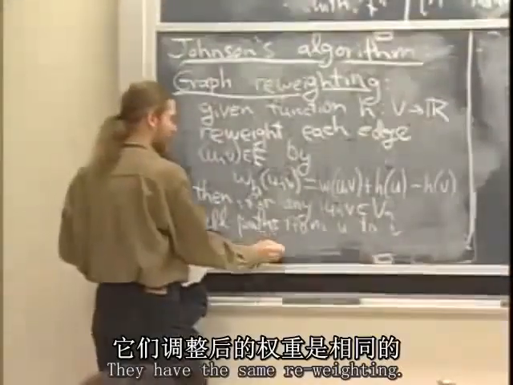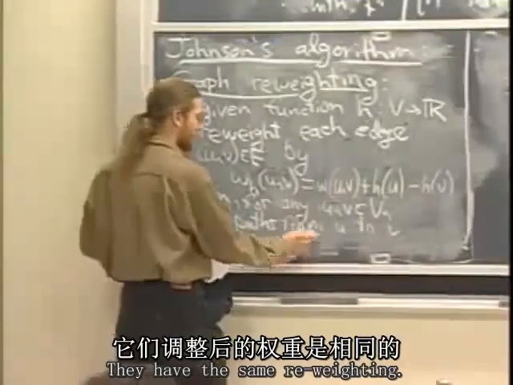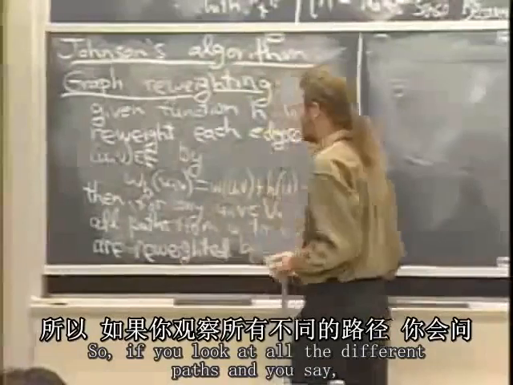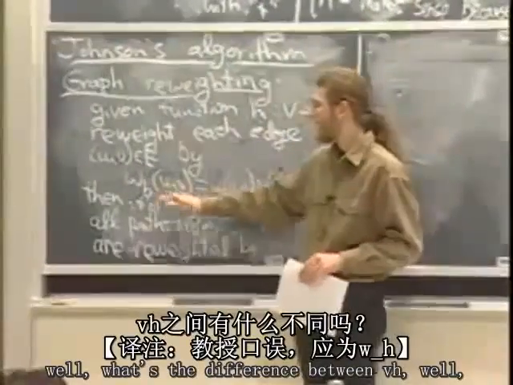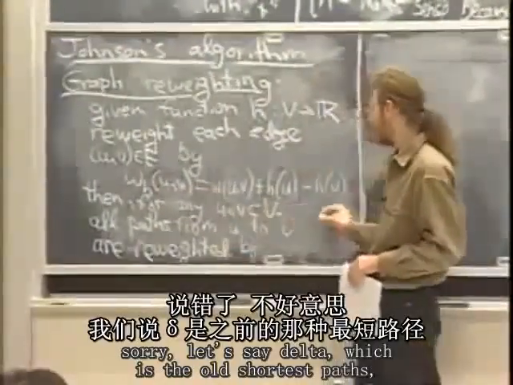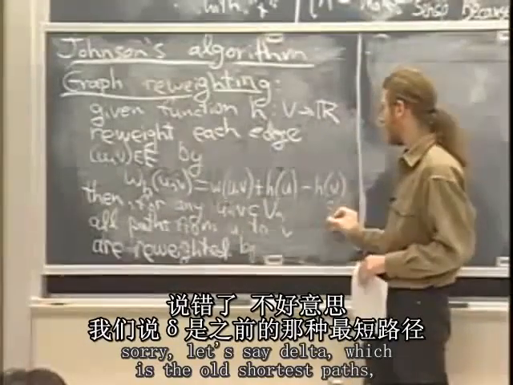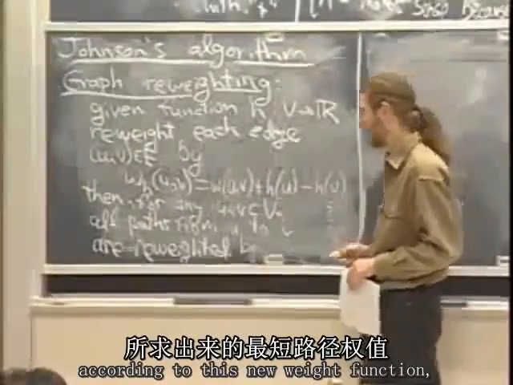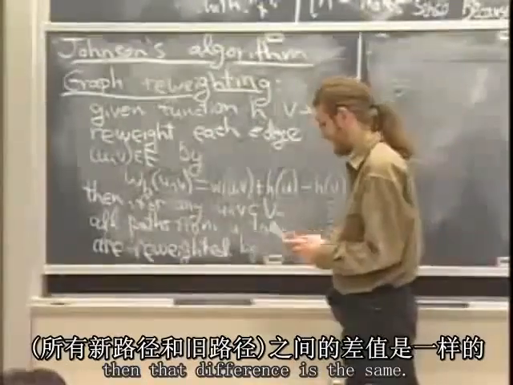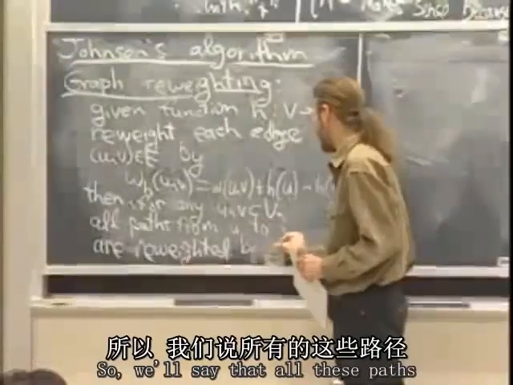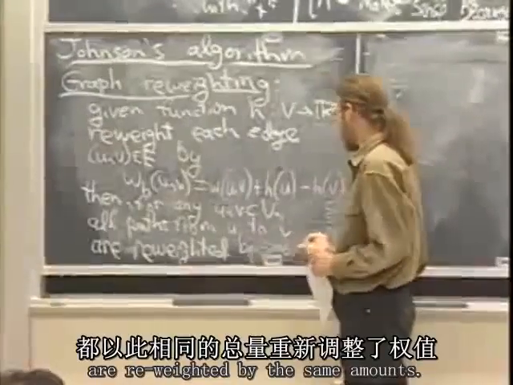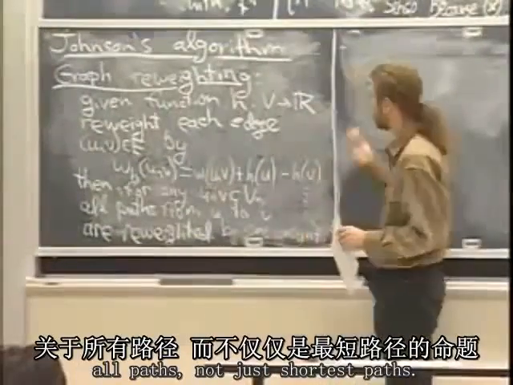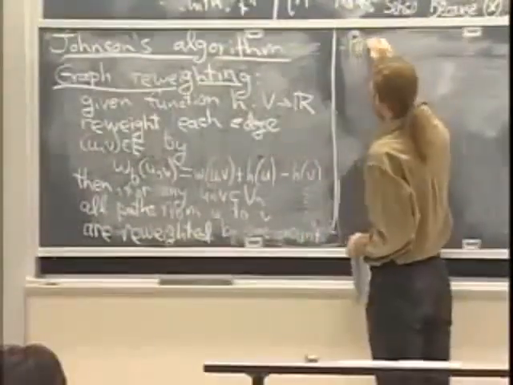They have the same reweighting. So if you look at all the different paths and you see, well, what's the difference between delta, which is the old shortest paths, and delta sub H, which is shortest path weights according to this new weight function, then that difference is the same. So we'll say that all these paths are reweighted by the same amount. Okay, this is actually a statement about all paths, not just shortest paths, but there we go.